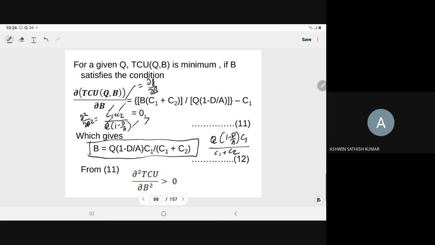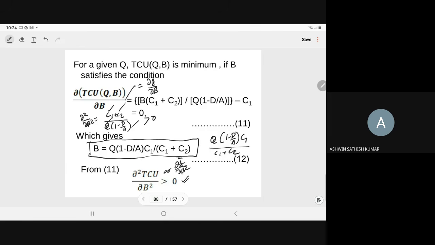This implies that del 2F upon del B2 is greater than 0.